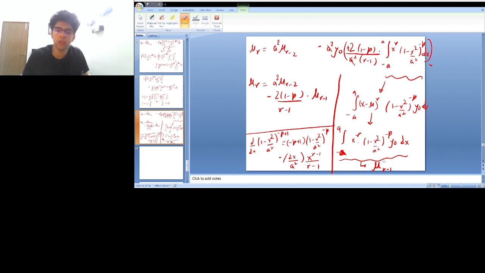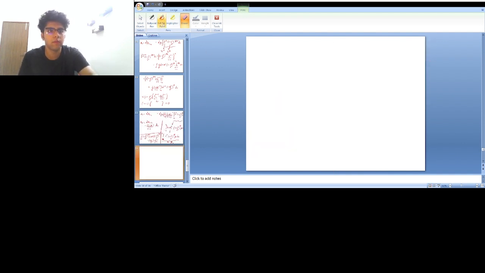X to the power r into the PDF gives me the rth moment, not the r minus 1th moment, right? I'm so sorry, this is the rth moment, right? So I'll be just writing the last step here now, that my rth moment with respect to the mean is a square mu r minus 2th moment minus 2 into 1 minus p divided by r minus 1 into my rth moment, right? So I can take this term to the LHS.